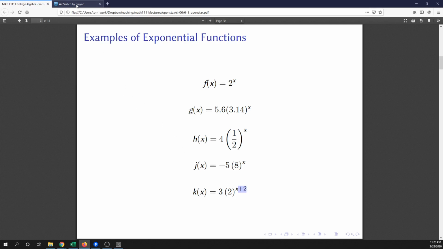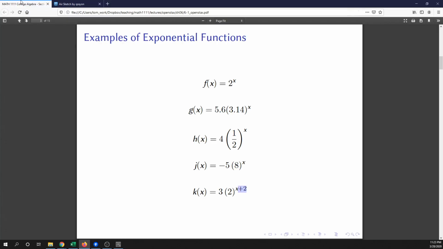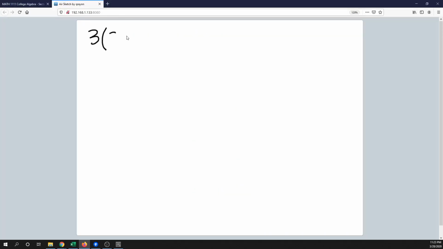Let me just show you how that would go. If I have 3 times 2 to the x plus 2, that's what I had. What you can do is split up the exponent part.